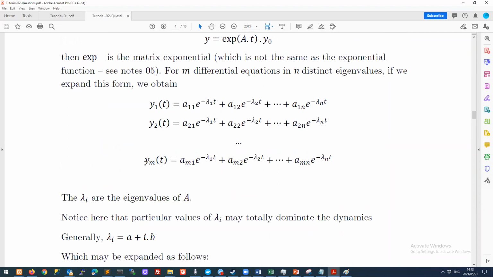The output is going off to infinity. So if we know something about these eigenvalues, immediately we can make comments about how that system is going to behave.